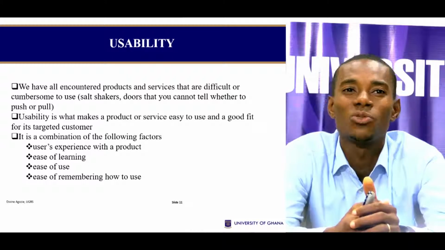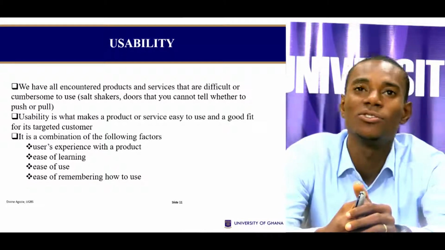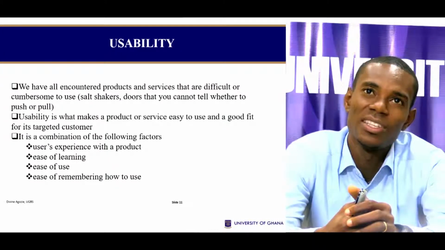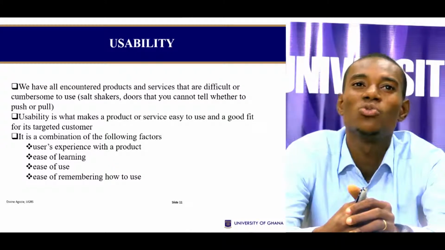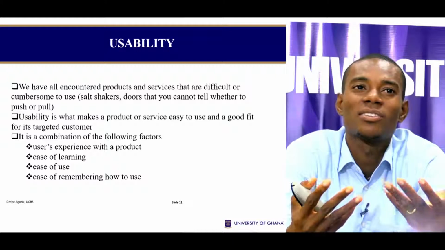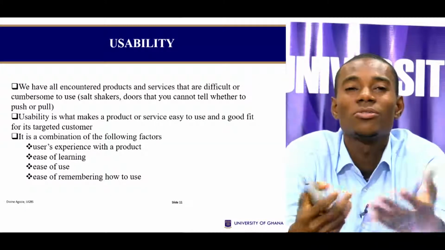Sometimes some services could be so complex to access, so complex to use, that you just give up. So that is the component of usability, the ease with which I can use the product. It's a combination of the user's experience, the ease of learning, the ease of use, and the ease of remembering how to use.